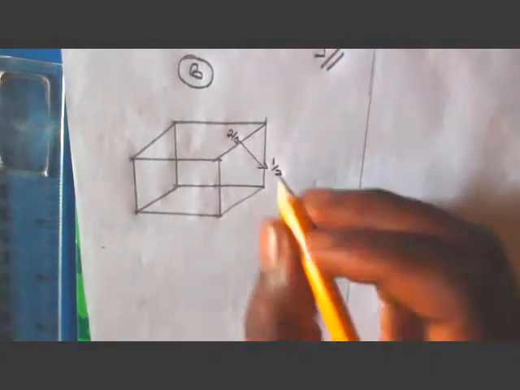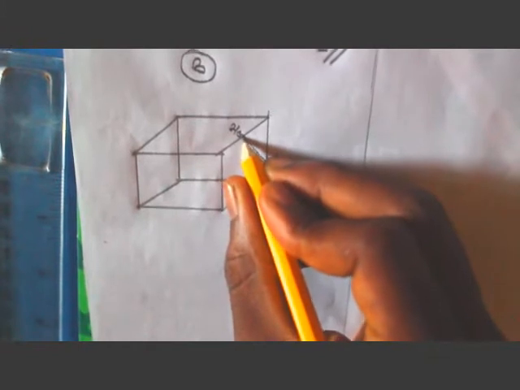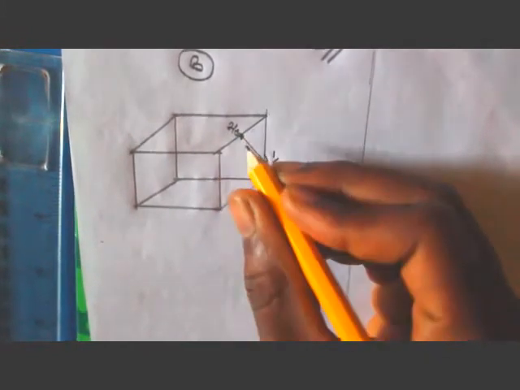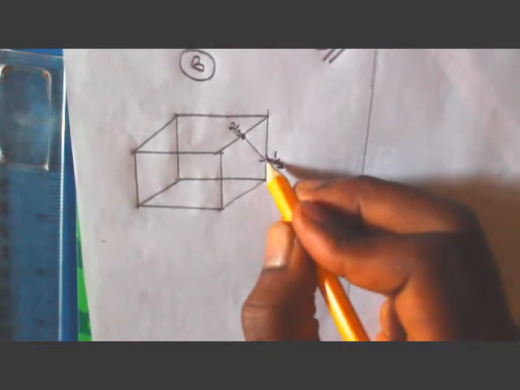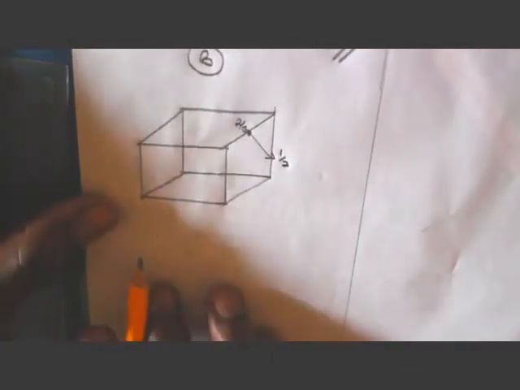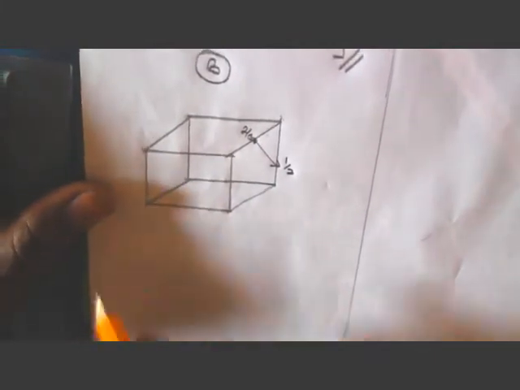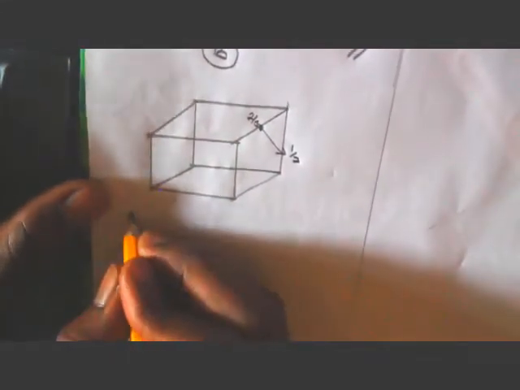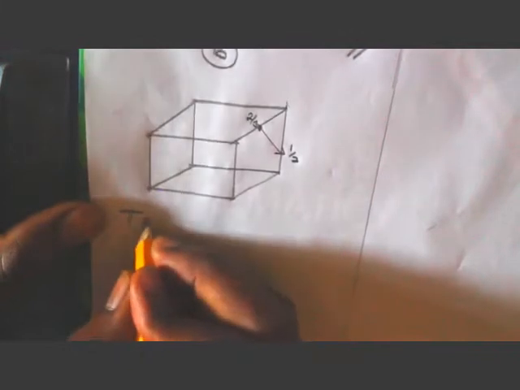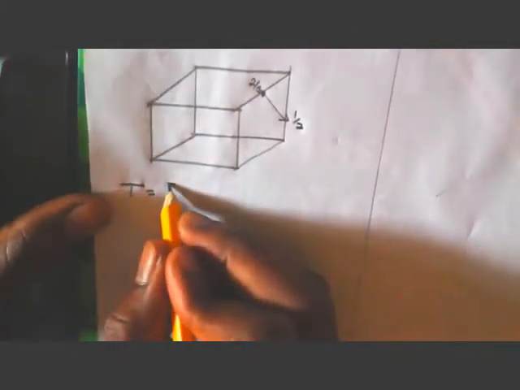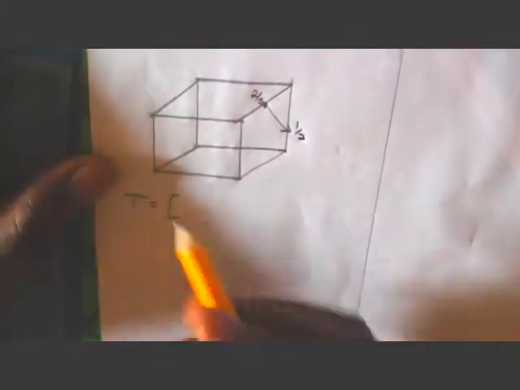So the same procedure. Here is our tail and here is our head. If you pay your attention, it's very simple. So for the tail, here is our origin also.